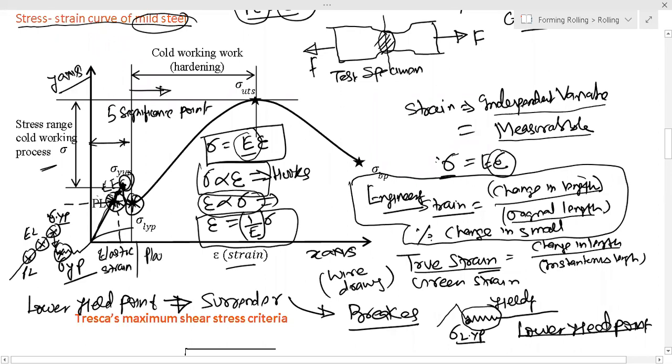After that, you are again increasing the load, and this is the maximum load that the material can take before fracture. Then necking starts here. Necking means this portion will become smaller, and finally one point is reached where the material separates.